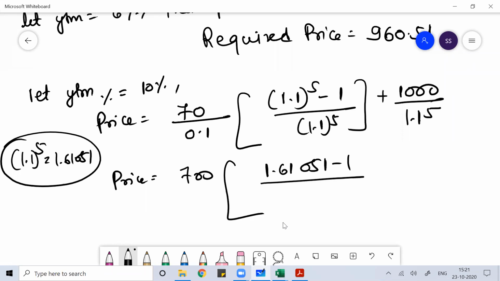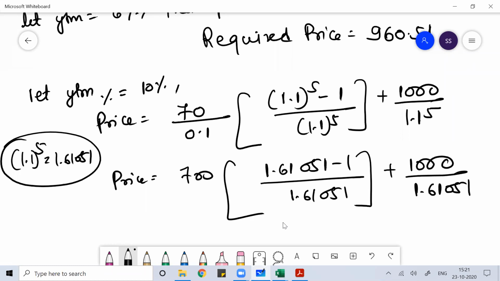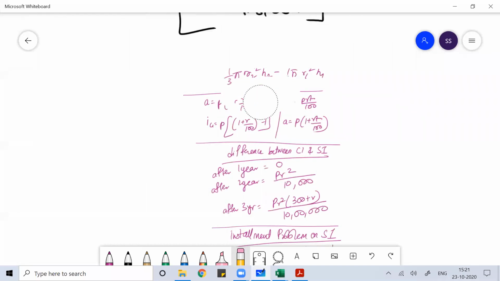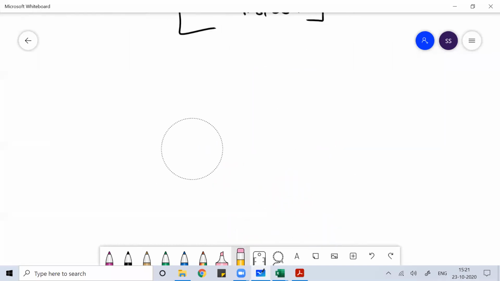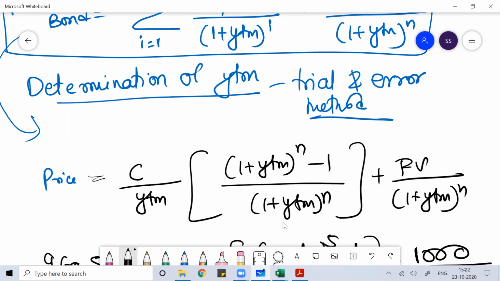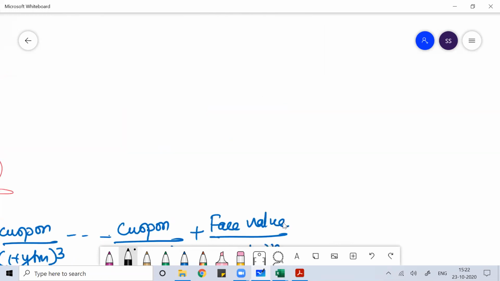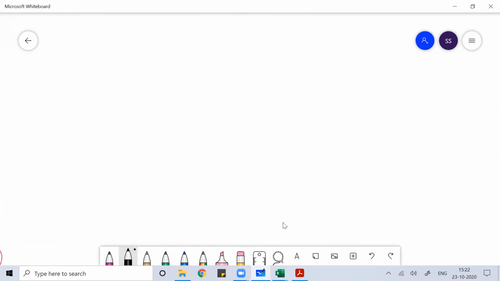So I can write this as (1.61051 minus 1) divided by 1.61051, plus 1,000 divided by 1.61051. Let me erase this and find the price.